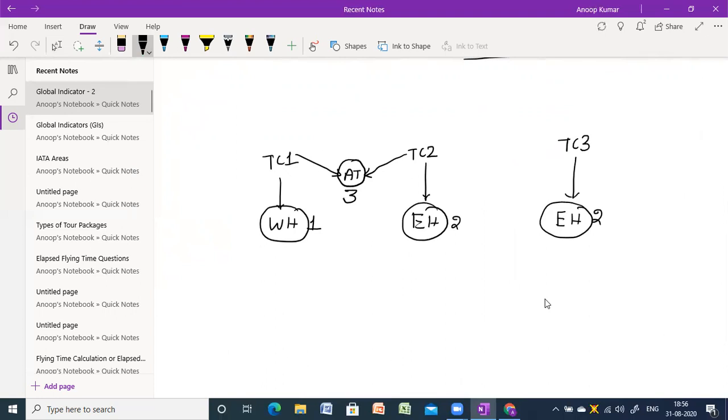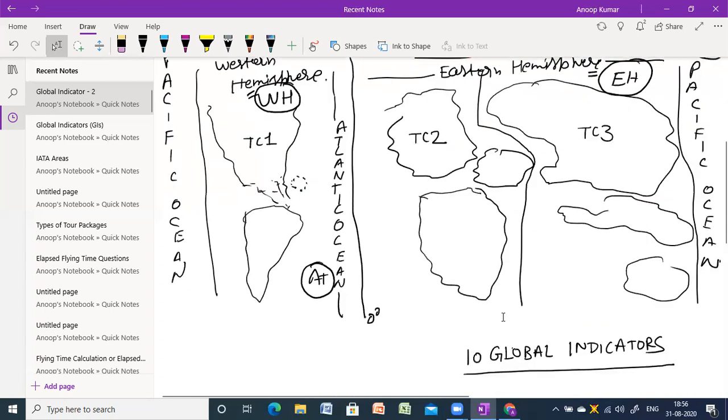If someone is going from TC1 to TC2, he can go via Pacific Ocean also. Like this is our TC1 area, this is our TC1, and this is TC2. I will explain in another video also how this movement is being done with various examples. For example, if a person wants to go from New York to London, he can go via Pacific Ocean also.